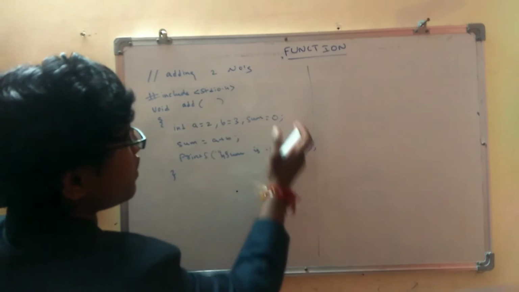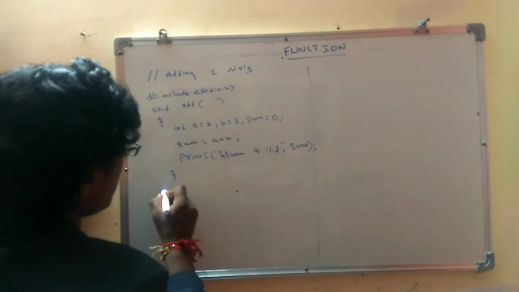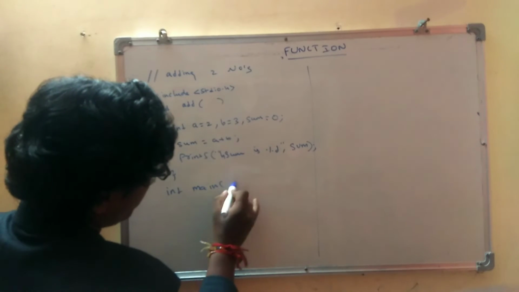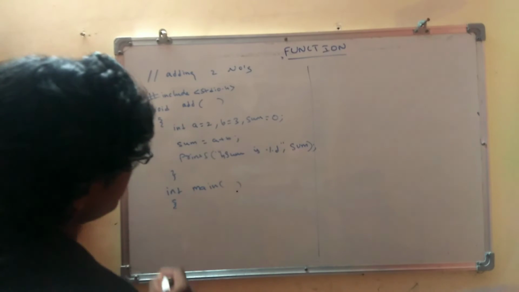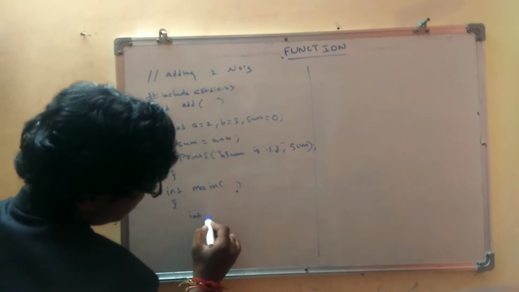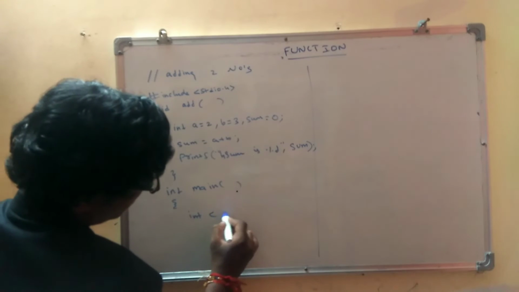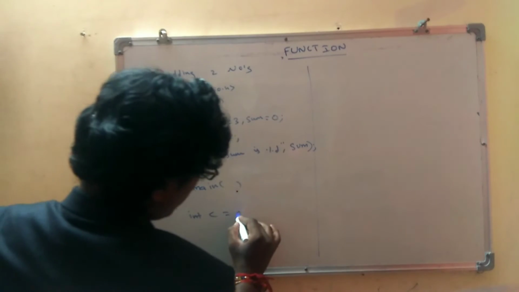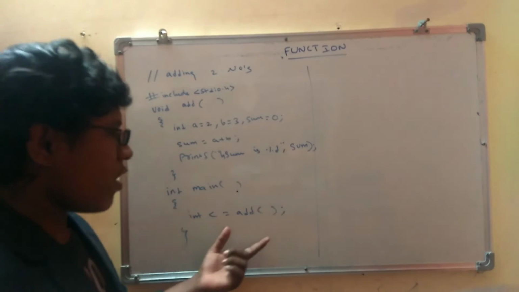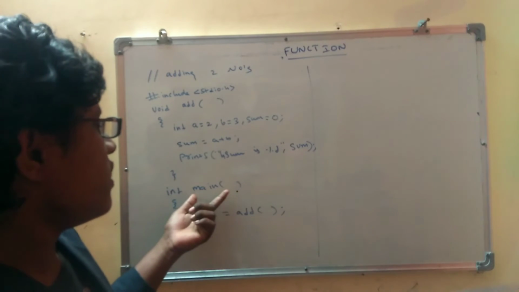This is one self-contained block, and I am mentioning the main section here, int main. In this I am declaring a variable, suppose c equal to, I am calling the function add. So this is a calling function because we wrote it inside the main.